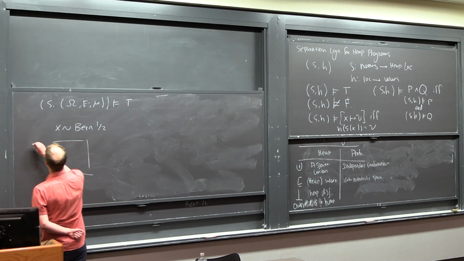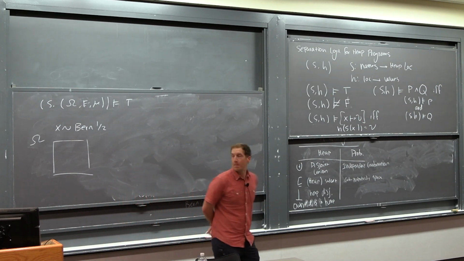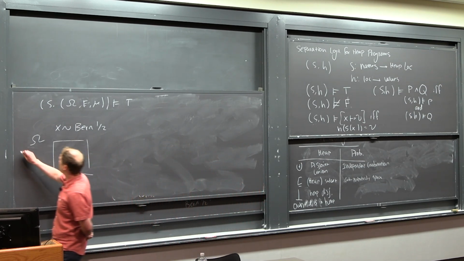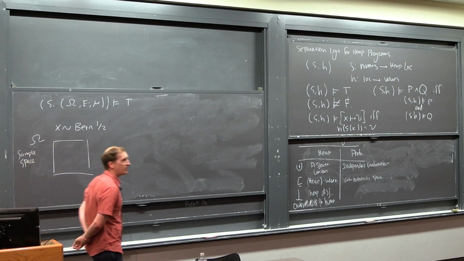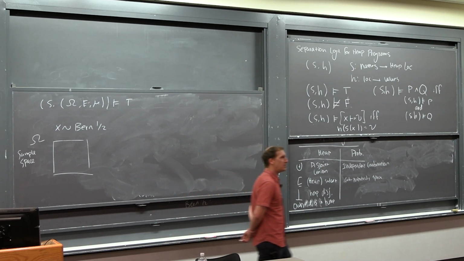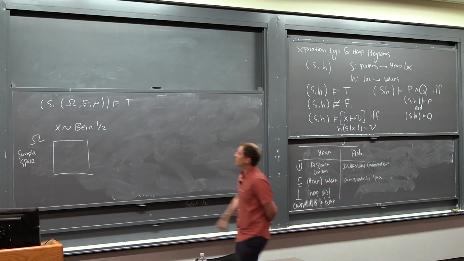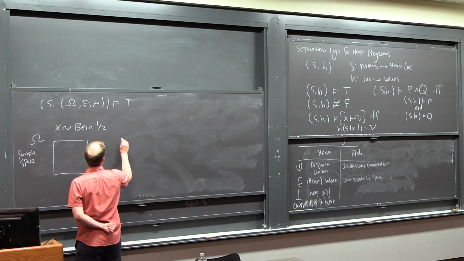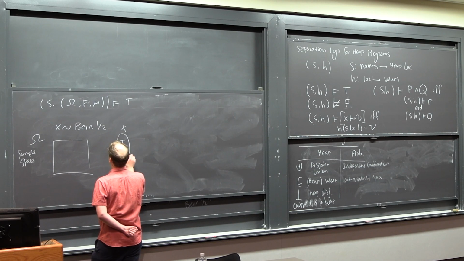So there's this ambient thing called the sample space, omega. And you can think of this as almost like your heap. It's sitting in the background and it's storing all the randomness. And out of this thing, there's this random variable x that's true or false.